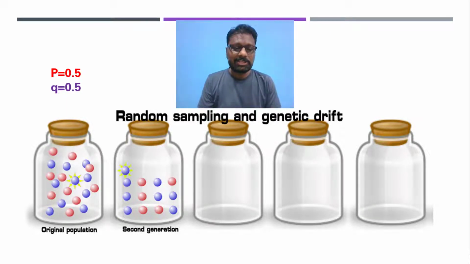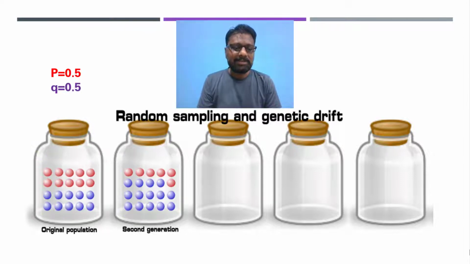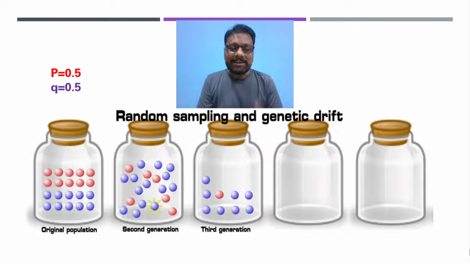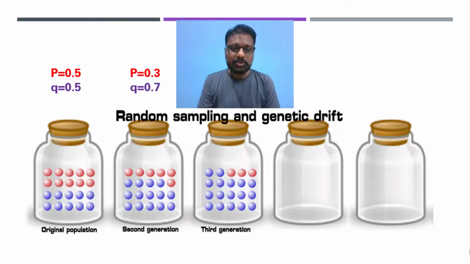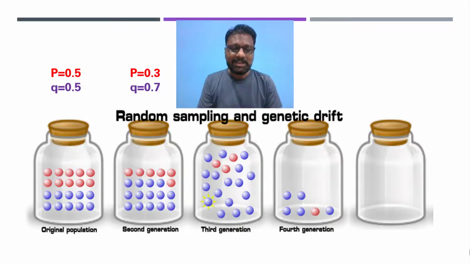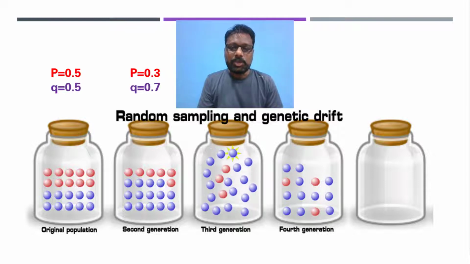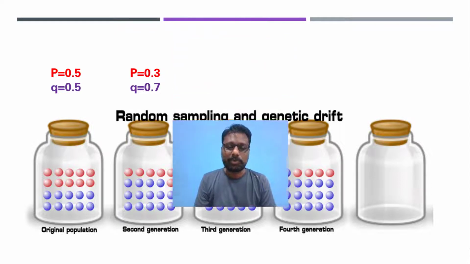When these alleles by random chance move to the next generation, there is a decrease in the red allele population compared to the blue allele population, which has changed to 0.3 and 0.7. That means the red allele frequency p is 0.3 and q, the blue recessive allelic frequency, is 0.7.